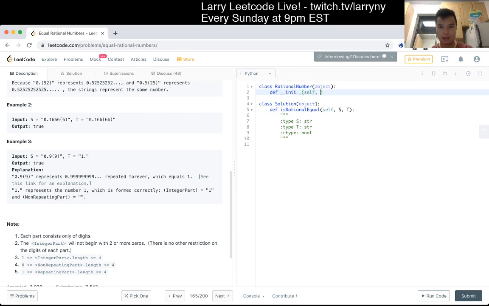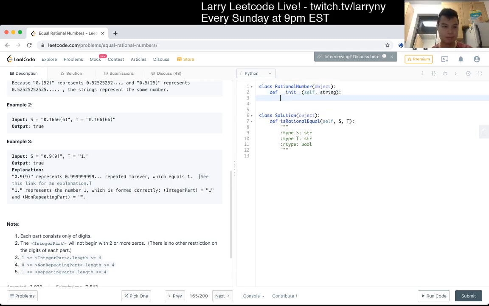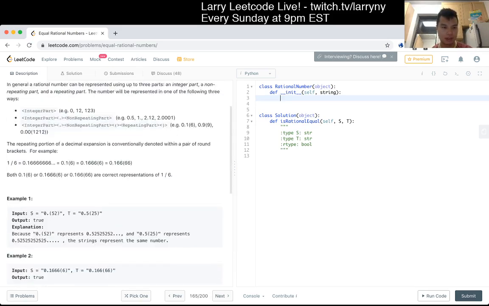And then just string. We'll put the parser here. Okay. What do we need? Well, let's put them up into the.